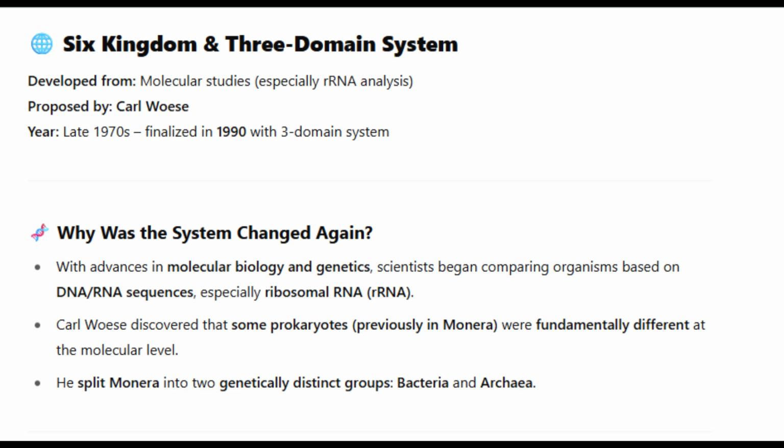With advances in molecular biology and genetics, scientists began comparing organisms based on DNA/RNA sequences, especially ribosomal RNA, rRNA. Carl Woese discovered that some prokaryotes, previously in Monera, were fundamentally different at the molecular level. He split Monera into two genetically distinct groups, bacteria and archaea.